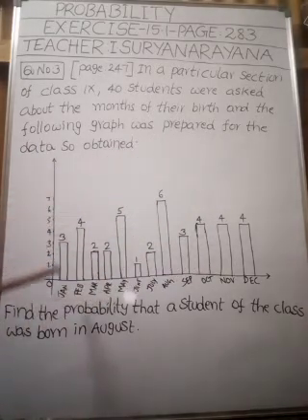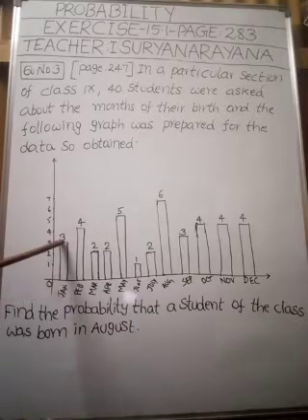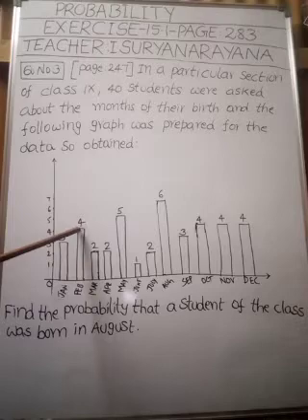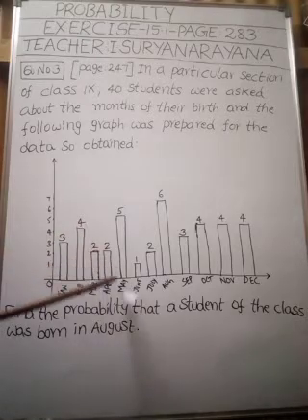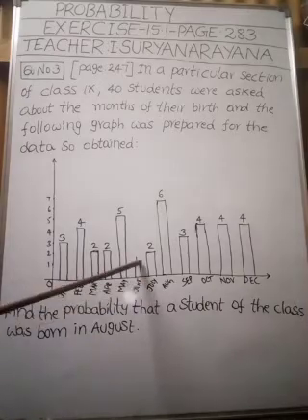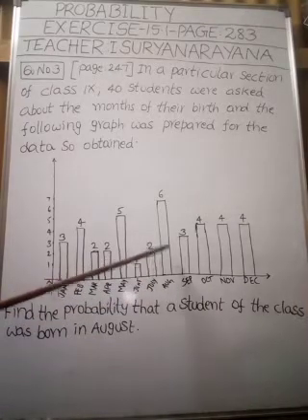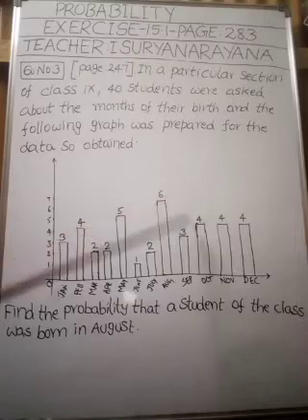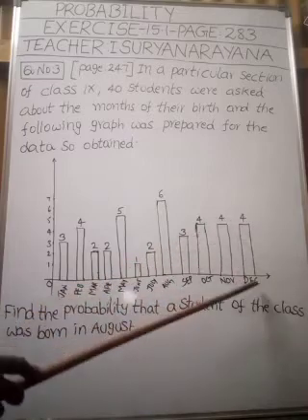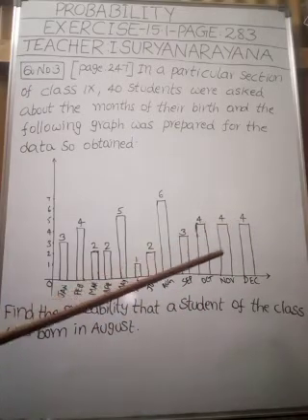Okay, my children, in January 3 students were born. In February 4 students were born. March 2, April 2, May 5, June 1, July 2 students, August 6 students, September 3 students, October 4 students, November 4 students, and December also 4 students.